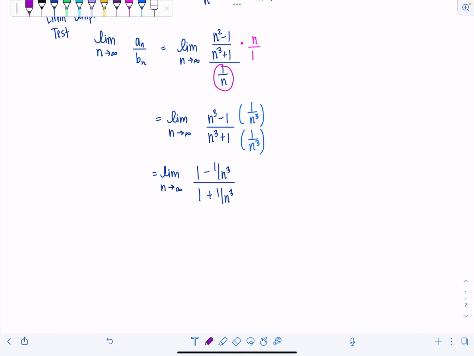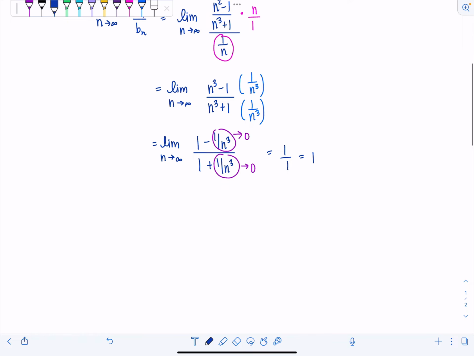And then as n approaches infinity, 1 over n cubed will go to 0, 0 down here as well. So all that we have left is 1 over 1, which is 1. And what do I care about that limit? I care that it's finite and non-zero.